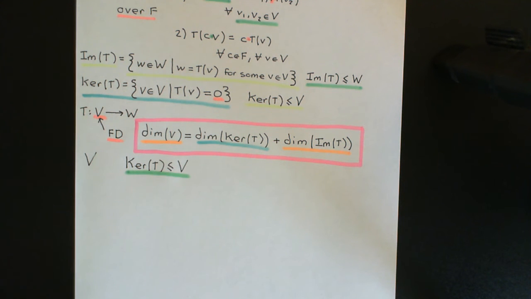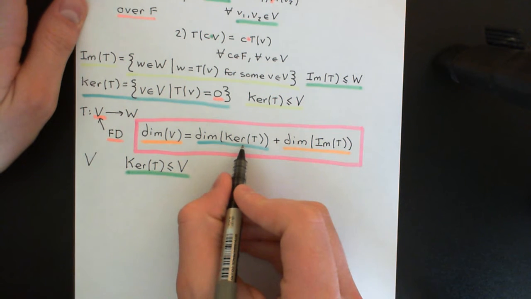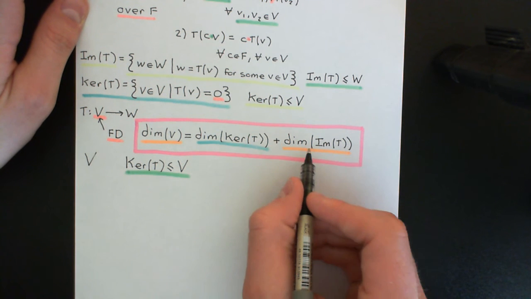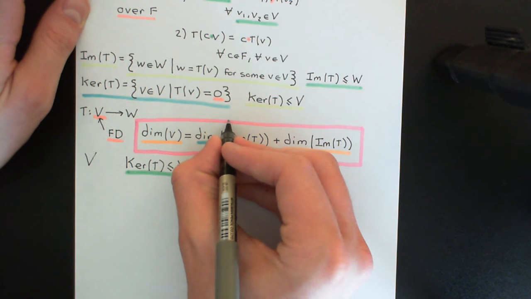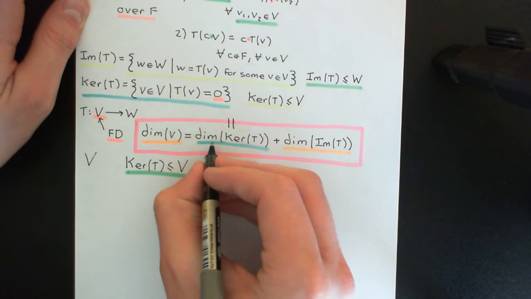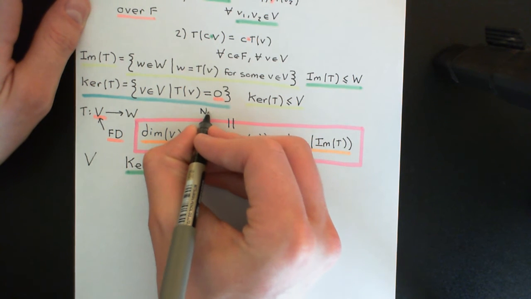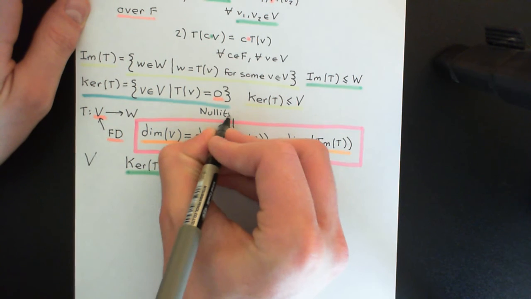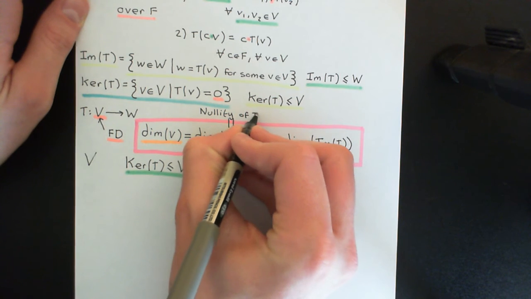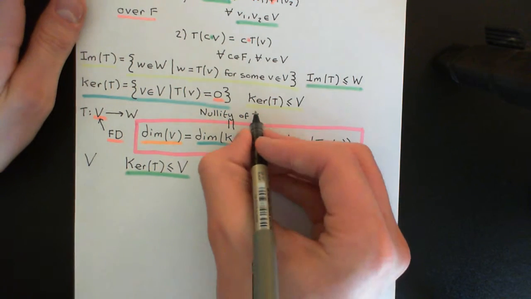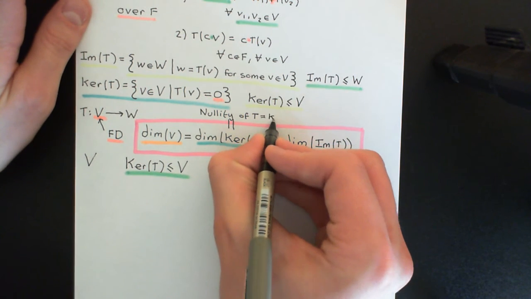Oh, and just before we go on to the proof of this actually, I'd like to give you a bit more terminology. So come back just to the formula, because I'm going to give you a bit more terminology before we go any further. So the dimension of the kernel of T and the dimension of the image of T, these have other names, which you will hear because they're still in common use. So the dimension of the kernel of a linear transformation is often called the nullity of T. This is often called the nullity of the linear transformation, and it's often denoted just by little k.